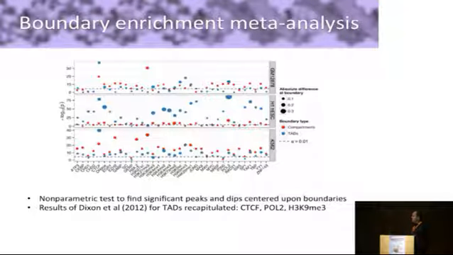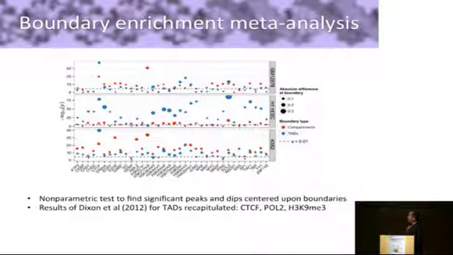So we devised a statistical approach to measuring the enrichment or depletion over boundary regions, and that's what we're looking at here. So on the y-axis, we've got the significance of the enrichment or depletion. Along the x-axis, we've got our 35 features, and red dots are compartment boundaries, so nuclear compartment domain boundaries, and blue dots are TAD domain boundaries.